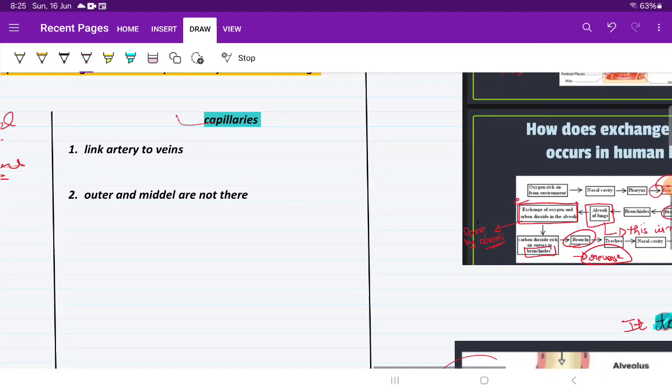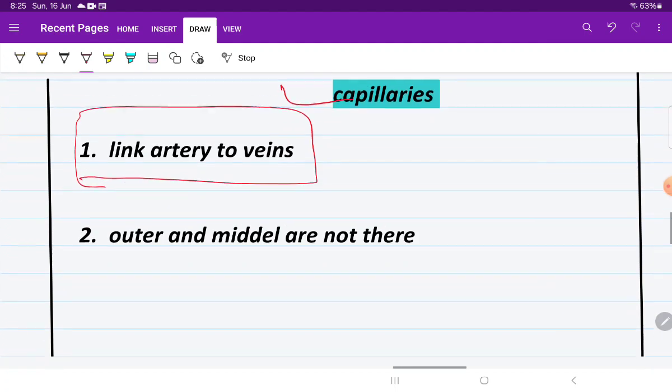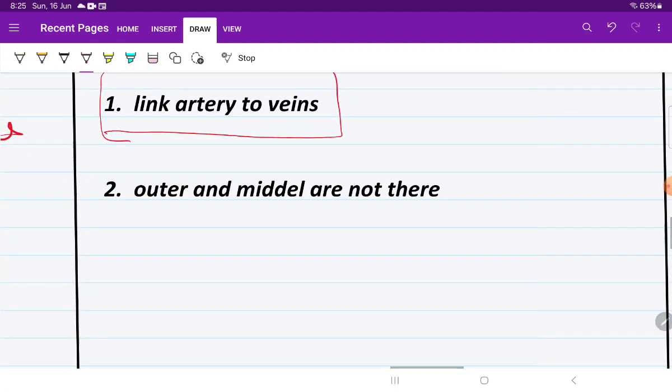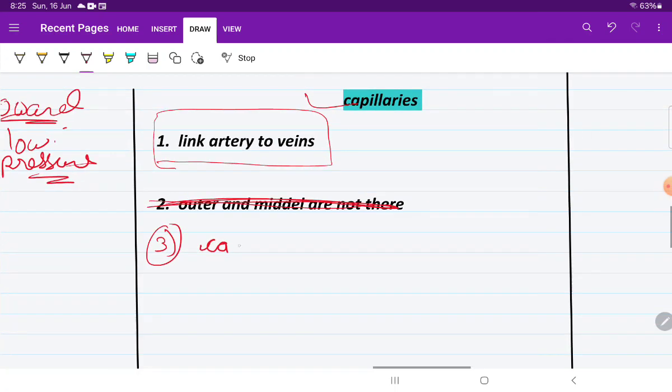Now let's see about the capillaries. They do the work of link between the arteries and the veins. Okay, now ignore this point. Now third thing, capillaries join and form veins.